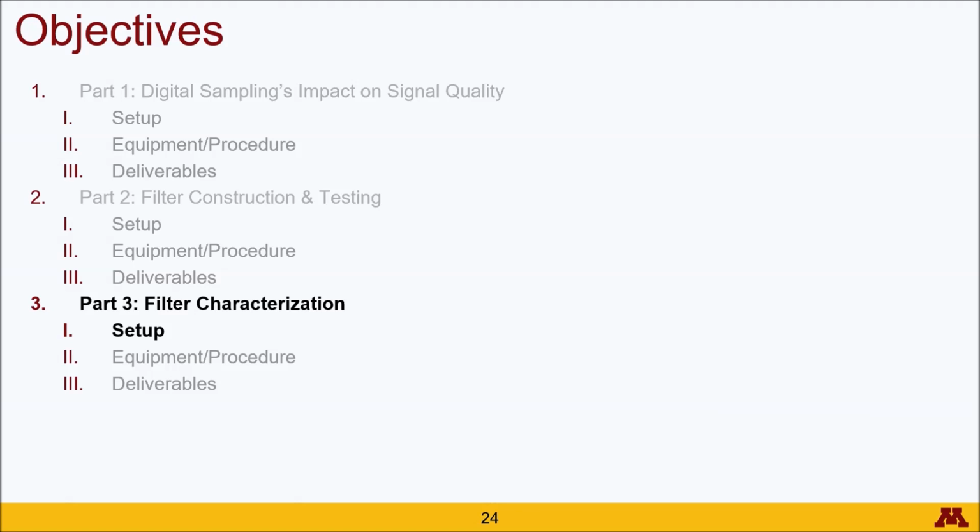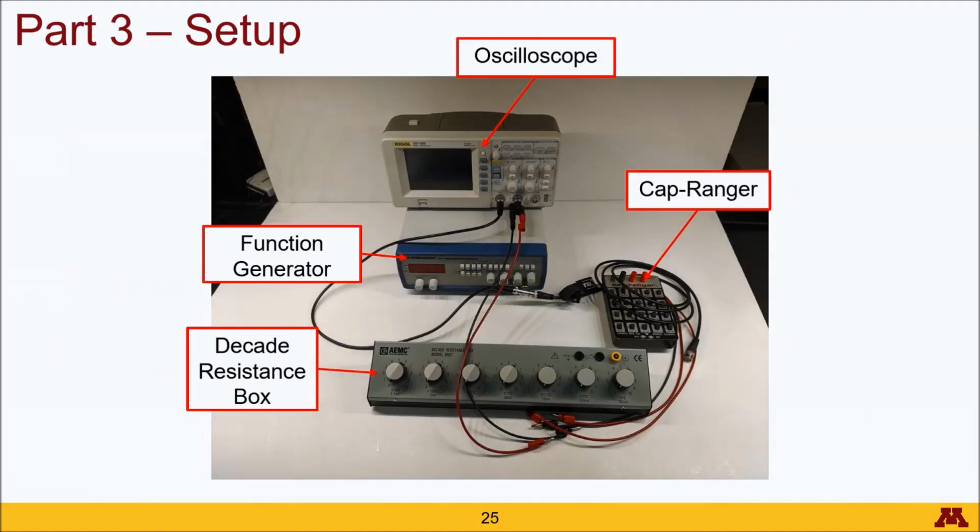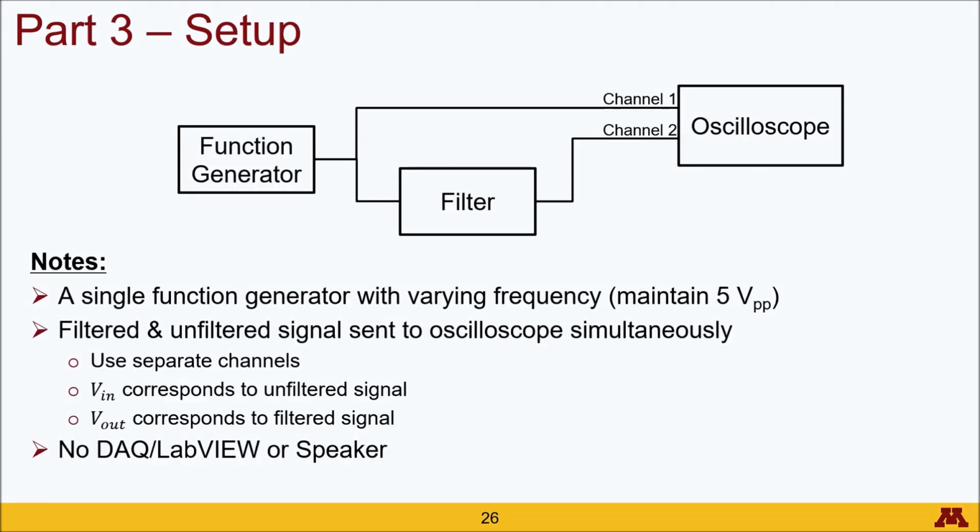All right, moving into part 3, starting with the setup. This here we see is a little more simplified. Again, I'm going to switch over to an electronic schematic, and we see a lot less going on here. We're going to have a single function generator, again having a 5 volt peak-to-peak signal, but your frequency will now be a variable that you will adjust while you're testing.